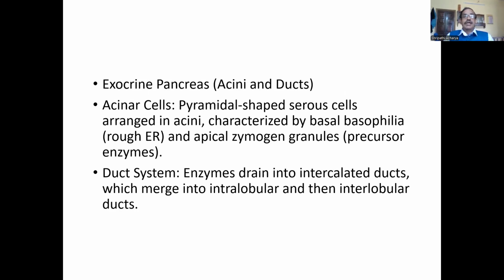Exocrine pancreas, acini and ducts. Acinar cells, pyramidal shaped serous cells arranged in acini, characterized by basophilia, rough ER, and apical zymogen granules, precursor enzymes. Duct system. Enzymes drain into intercalated ducts, which merge into intralobular and then interlobular ducts.